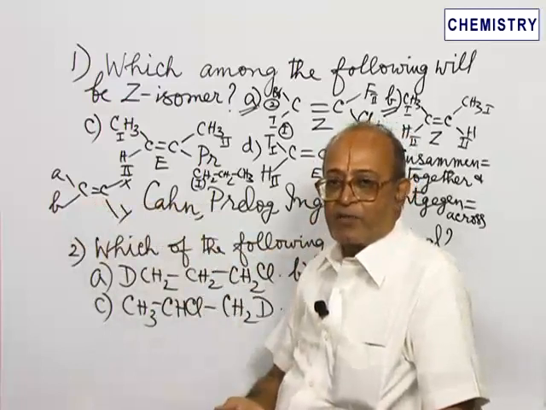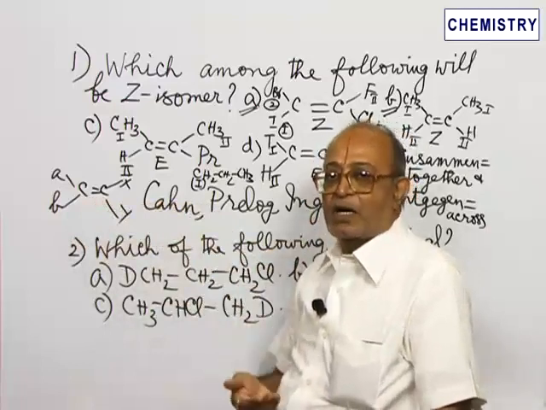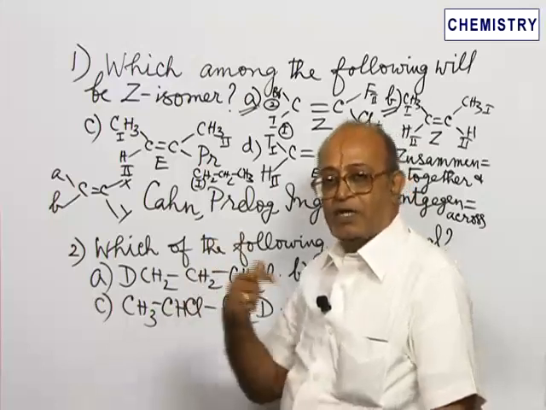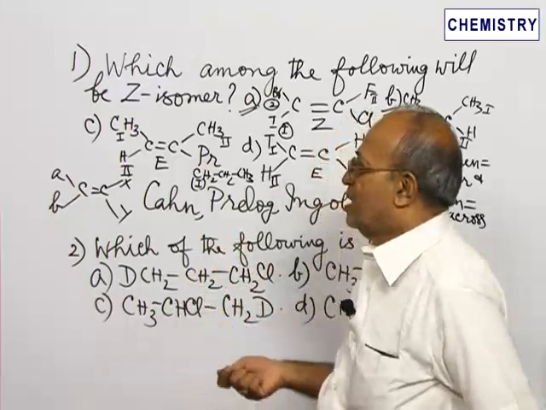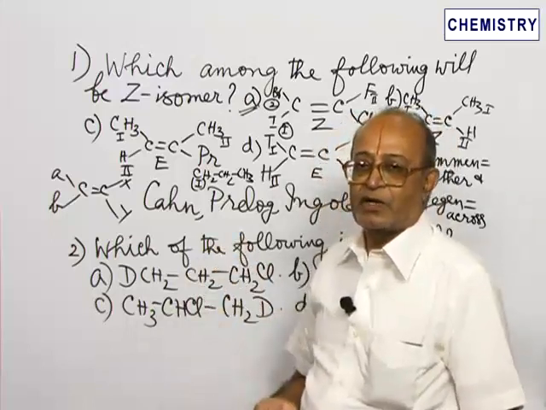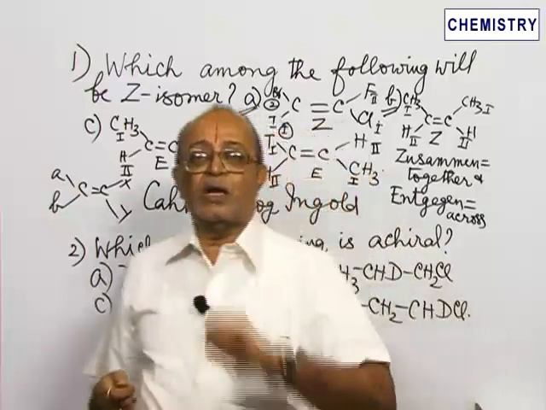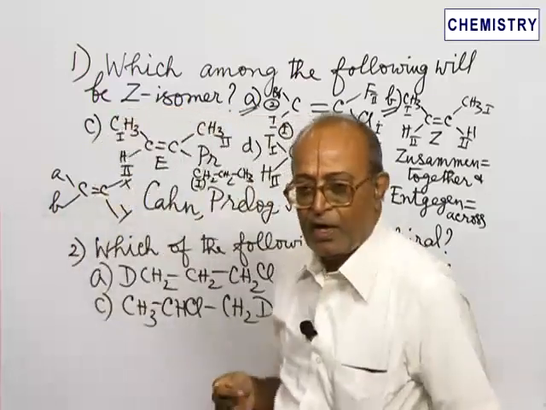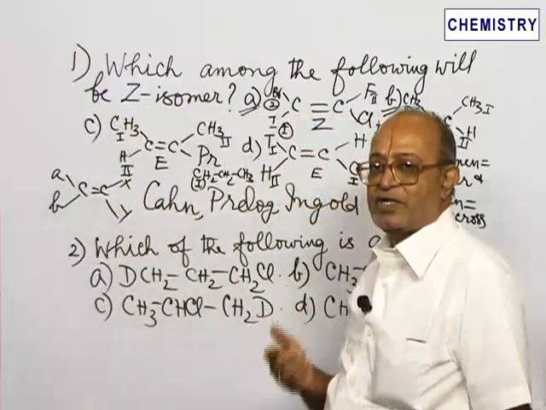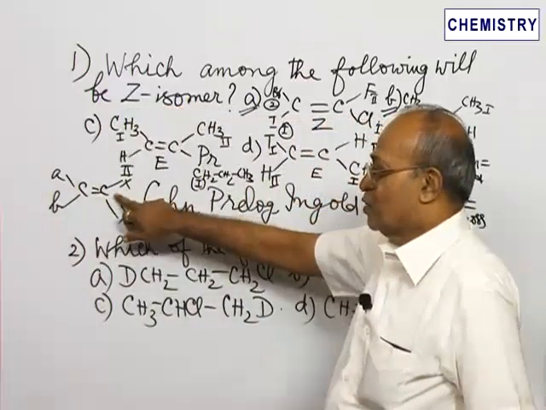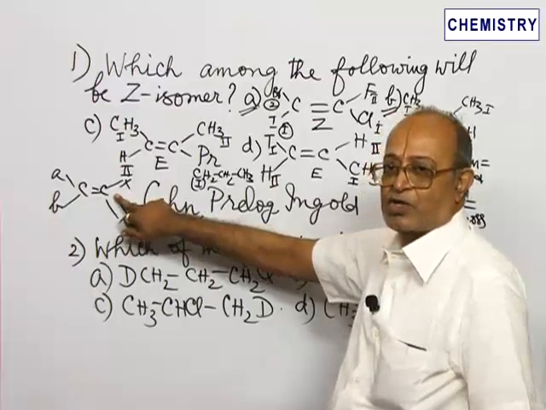So higher atomic number substituent or atom gets the first priority. The next lower atomic number is given the second priority. So first of all, you decide which one is to be given first or second priority. And then you follow the same rules for the second carbon atom also.